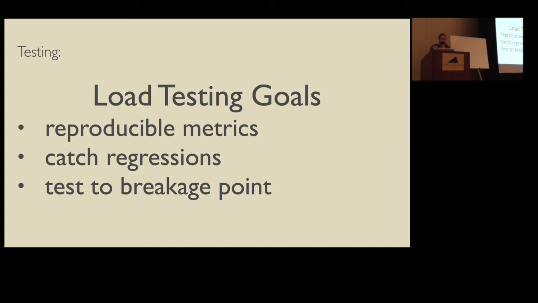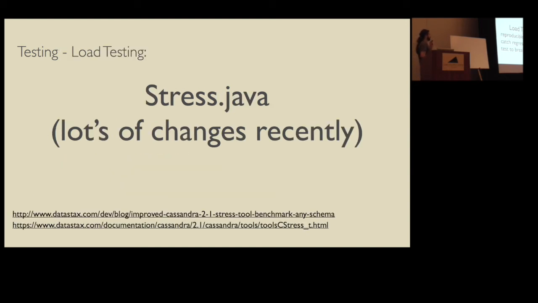Load testing is definitely something you want to get into, to be able to build reproducible metrics, capture progressions, and see what happens when things break, or when things get to a breaking point. All these systems have different failure characteristics. And again, what I like about running these clusters locally, either by CCM or Vagrant, is that something that's underpowered and something under duress behave very similarly.